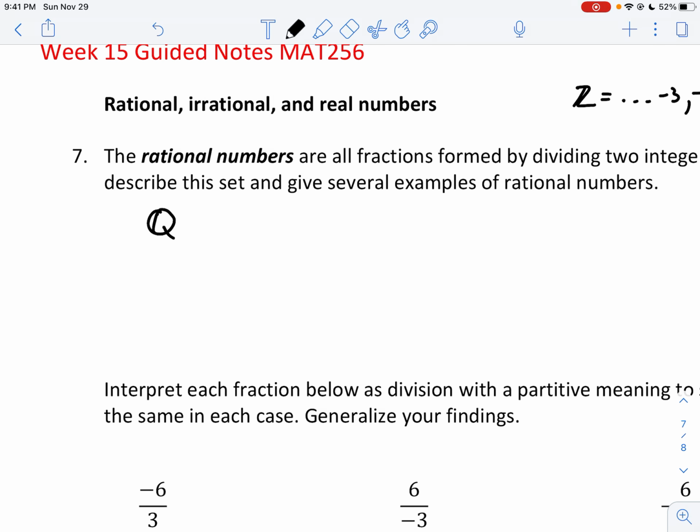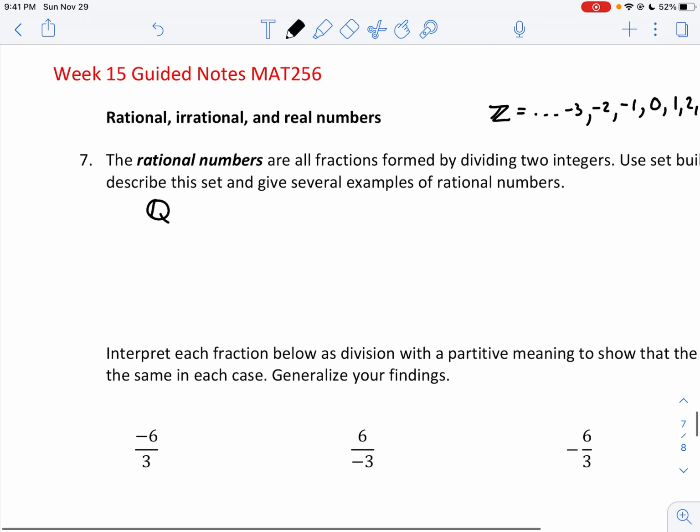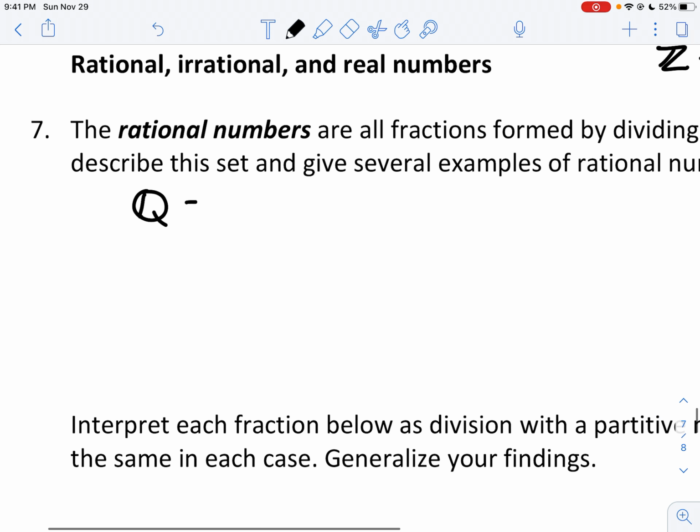Well, the symbol for rational numbers is a bold Q. Sometimes you'll just see the Q be bold like this, but if you don't want to scribble, you can put a little bar right there, and this is considered a bold Q when written by hand. Same thing was true for this bold Z. Normally in print it's just a bold Z, but when you don't want to scribble, you can just put an extra bar right there and call that a bold Z.